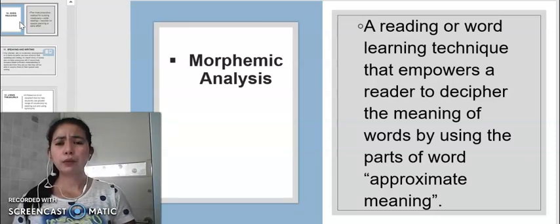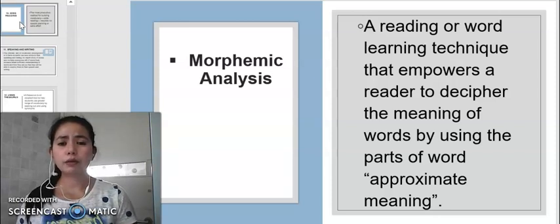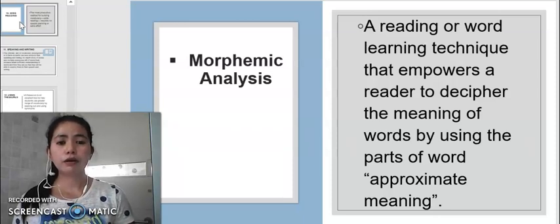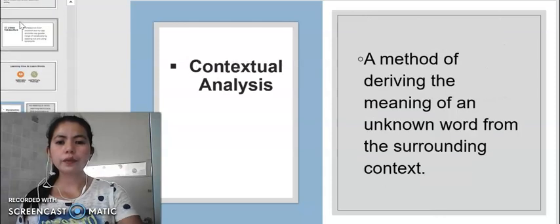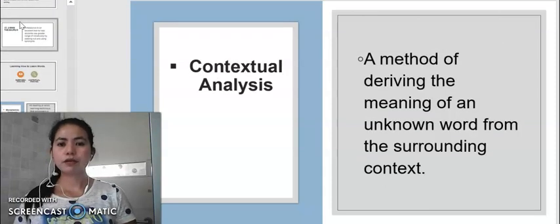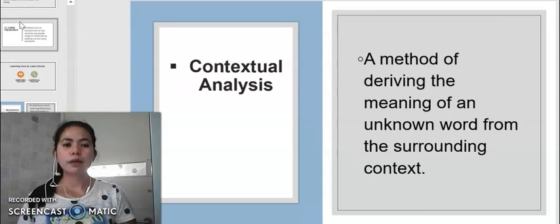For example, the words understood and misunderstood. So you would apply the morphemic analysis to decipher the meaning of the words by using the parts of the word. Next is contextual analysis, a method of deriving the meaning of an unknown word from the surrounding context.